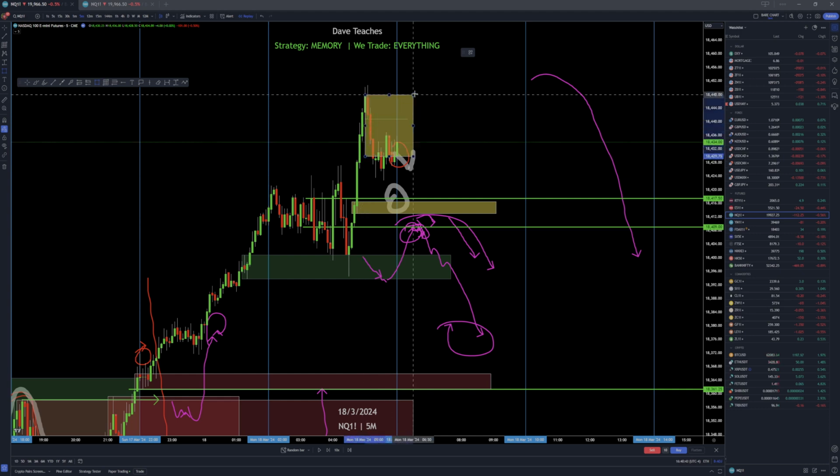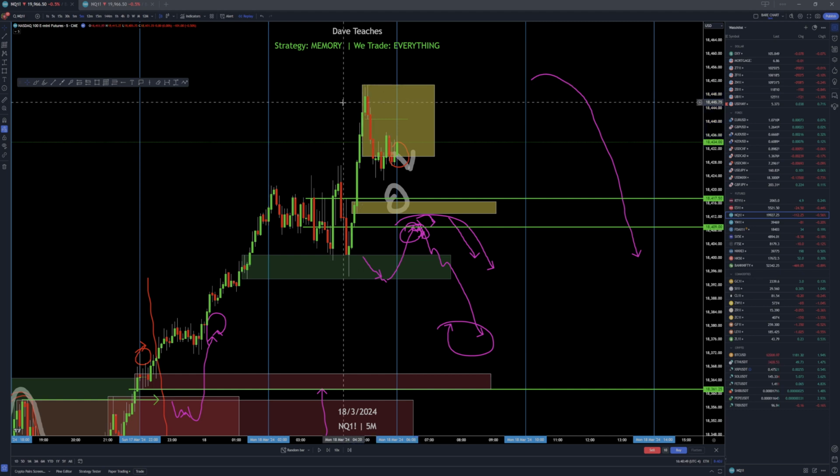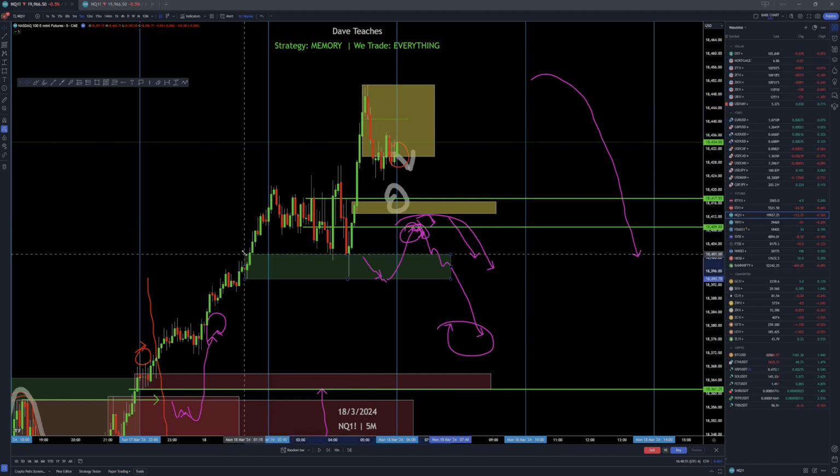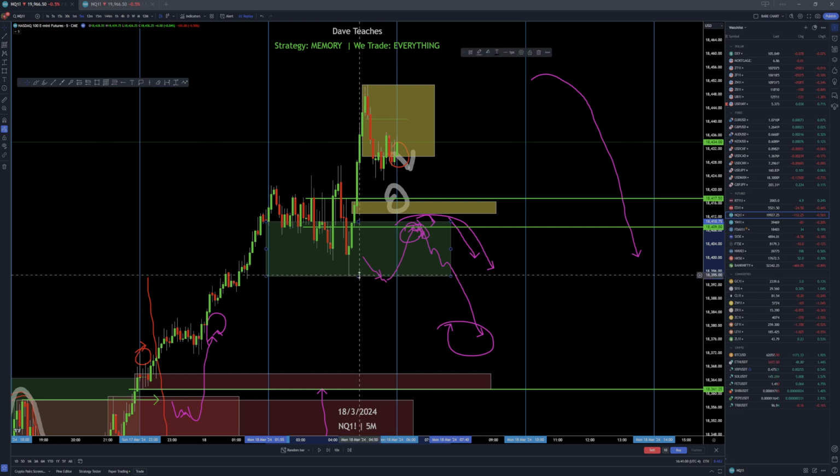So this is the wick above. And this is the wick below.